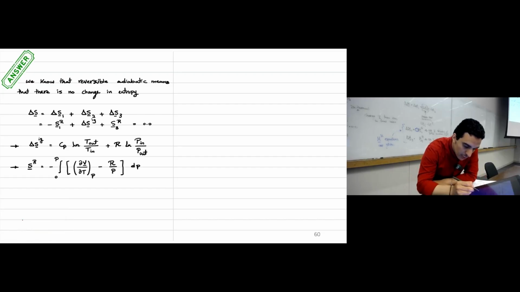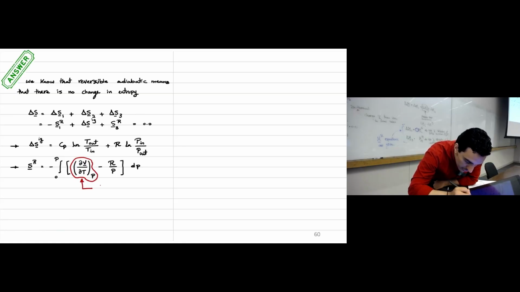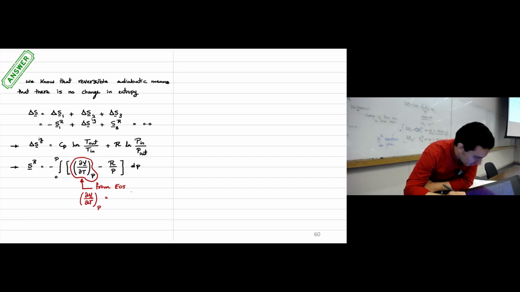Again, V, T, P, all of these terms exist in the equation of state, so we can take this term from the given equation of state. So dV/dT at constant pressure will be R over P plus A P.